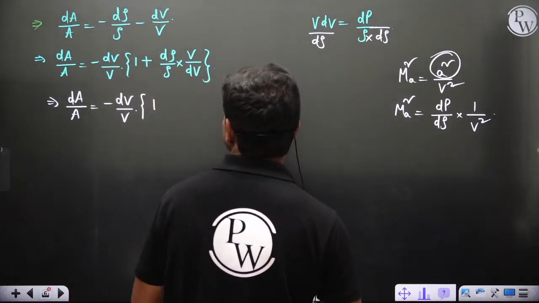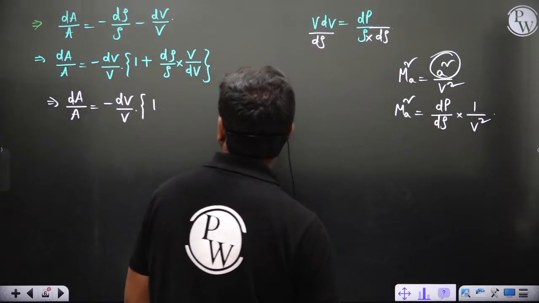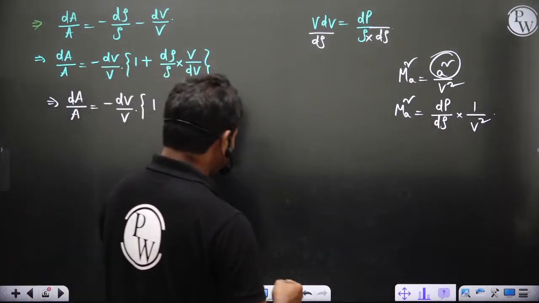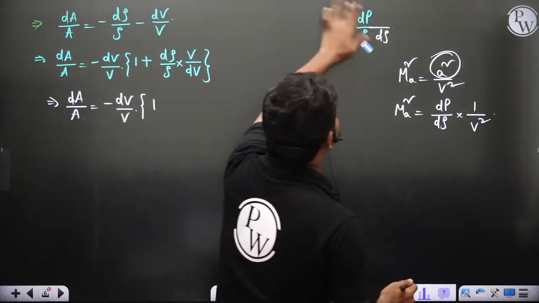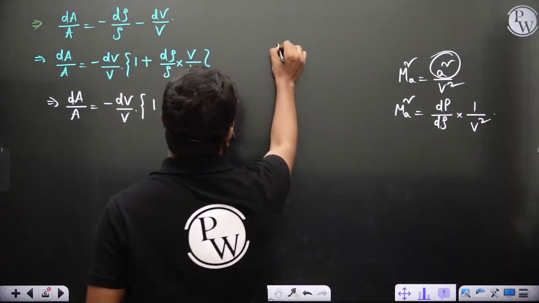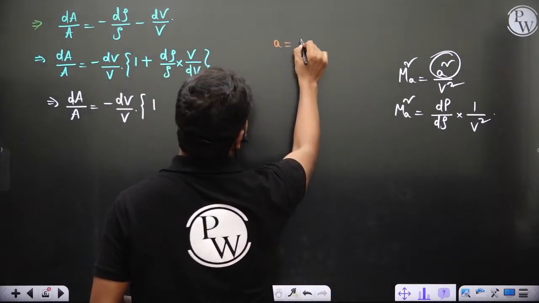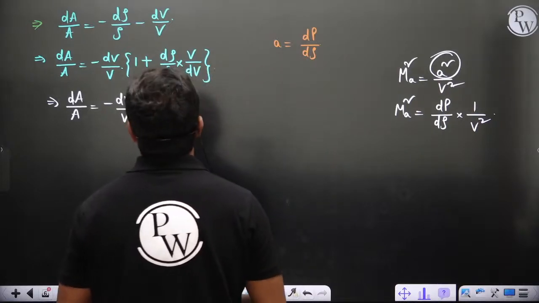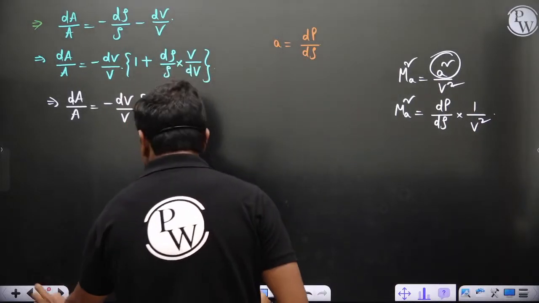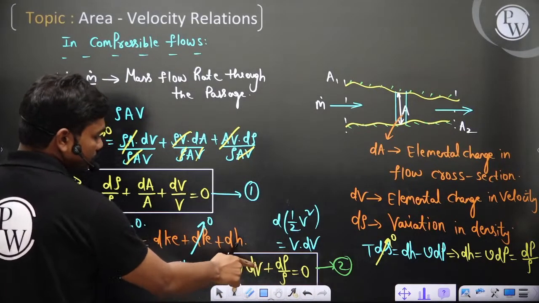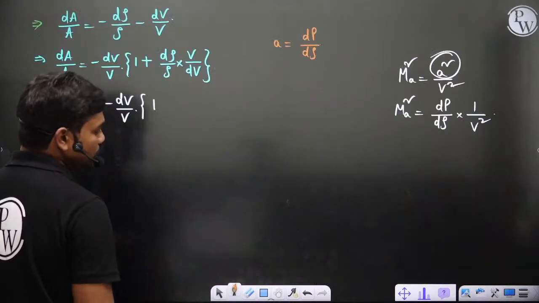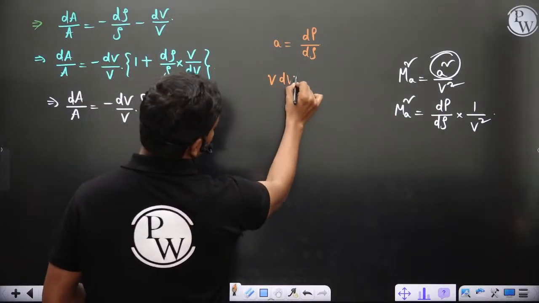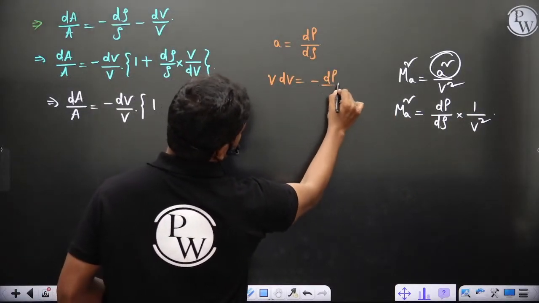So what we can do here, let's see, or let's try to do one more thing. This acoustic velocity square is dP by dρ, correct? What we have here, from this we got V dV is equal to minus dP by rho.